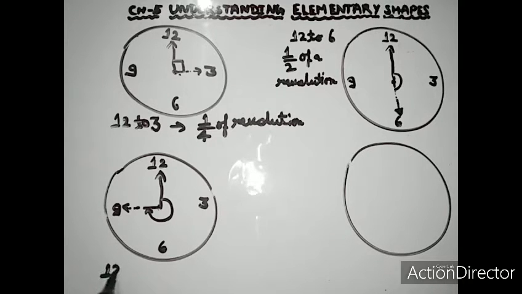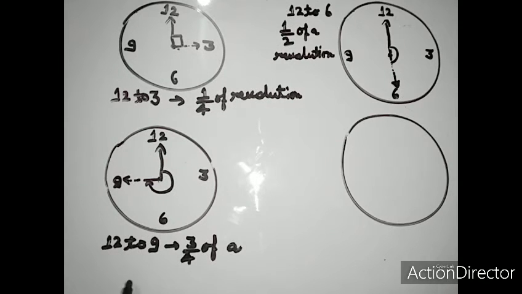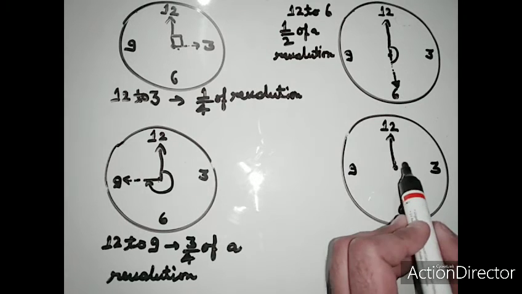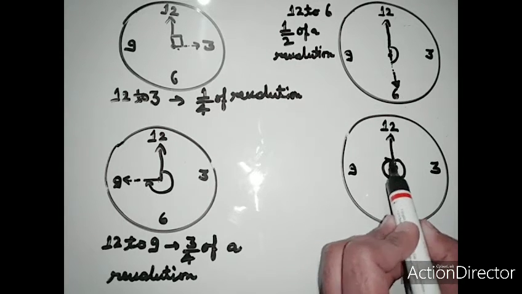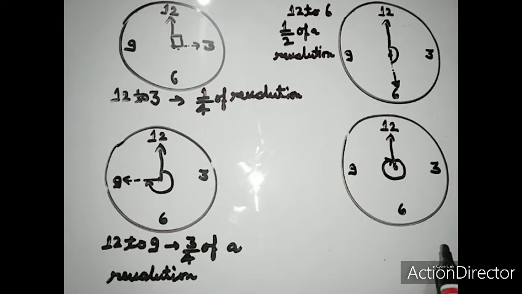When it moves 12 to 9, it moves 3/4 of a revolution. Okay, now when it moves 12 to 12 again, right? It moves a total of 360 degrees.